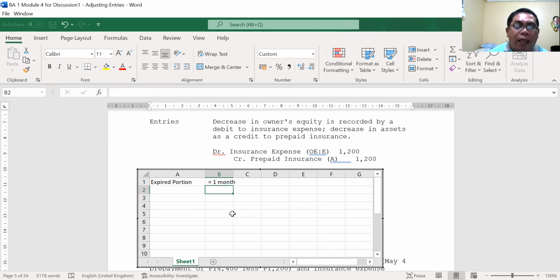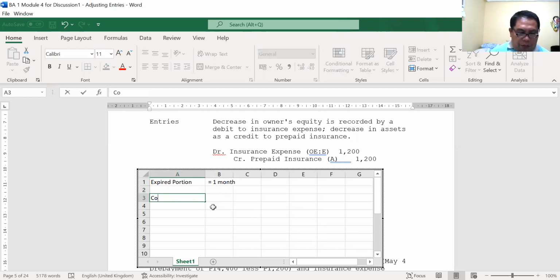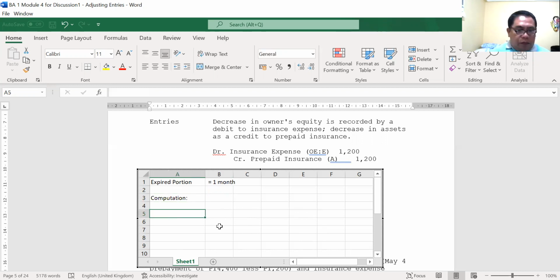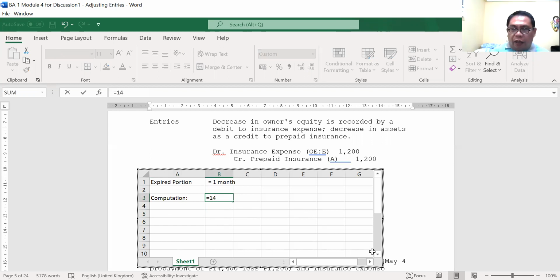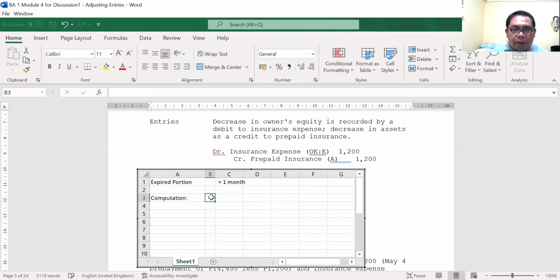So the solution or the computation for that: you have 14,400.